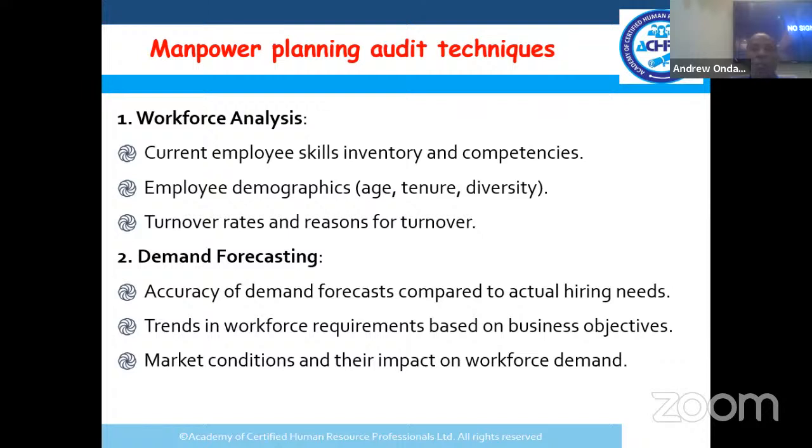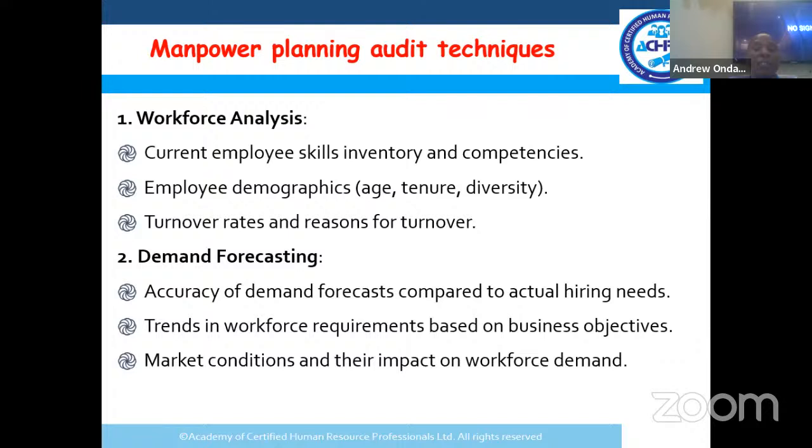So when we do a skills inventory in HR audit, we are going to look at the various skills that employees have in all the departments, so that when we think of promoting a person, we know the skills that these employees have. Or when there is need for career development, we know the skills that they have.